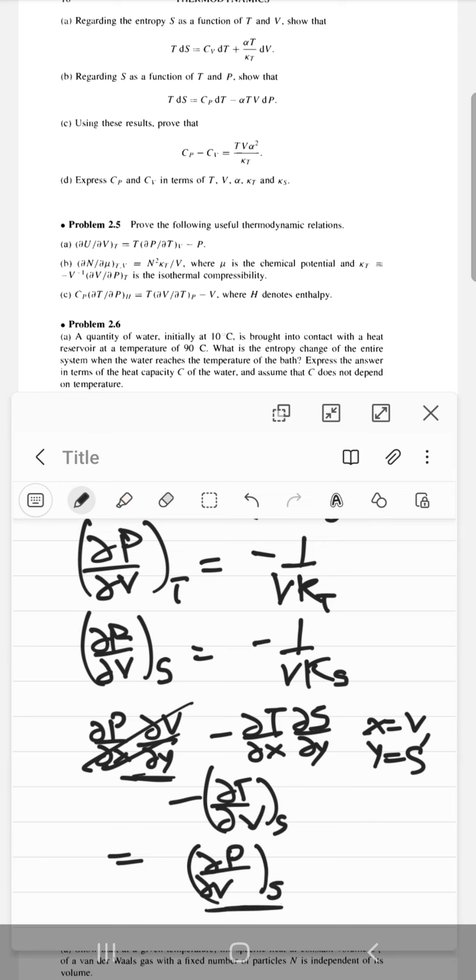So you got one term at least. Something's certainly messed up. Oh, this shouldn't be the case. This should be partial P by partial S at constant volume, right? So that's one equation that we have, not useful right now.